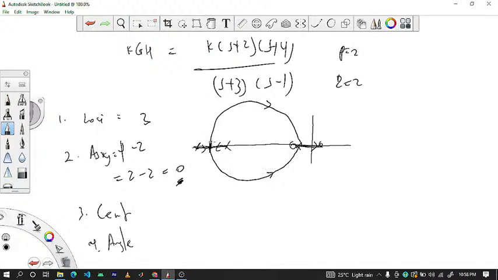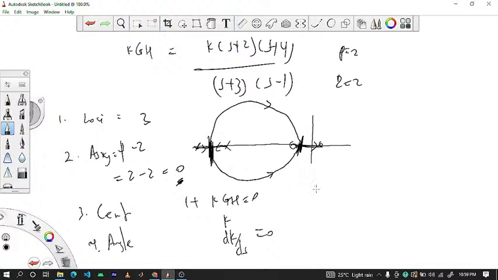So that's how you go about something that will look like that. So please check the textbook. You'll be able to do it. Just follow the steps. Loci, asymptote, centroid. Then you have to find your breakaway point, which we know. Make s the subject from this. I'm saying this several times. Make s the subject, find K, dK/ds, equate this to 0, and find the values. If you do it correctly, you can get 2 answers.